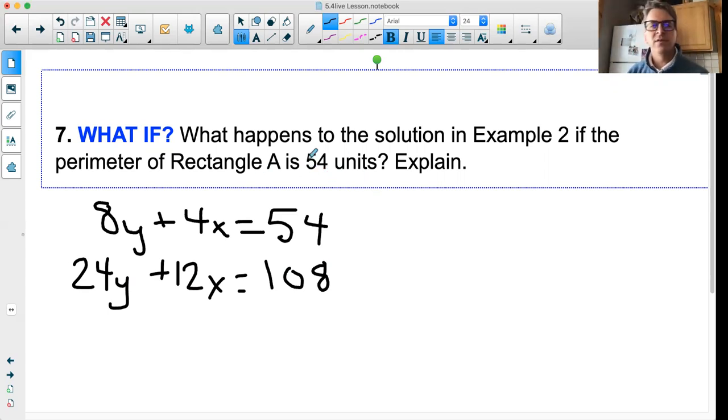All right, so let's see if we can solve this. I see the 8 and 24 again, and let's work with elimination by first multiplying the equation by 3 on this side and also on this side by 3.